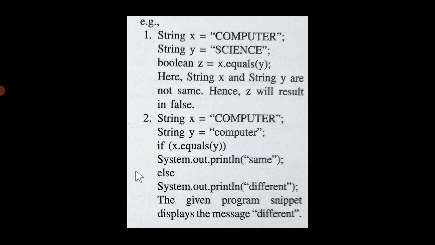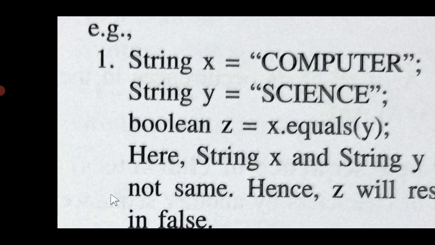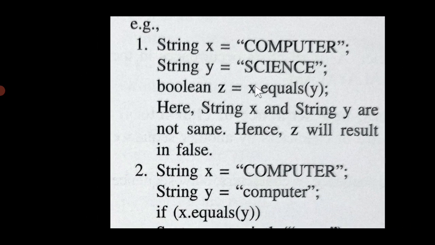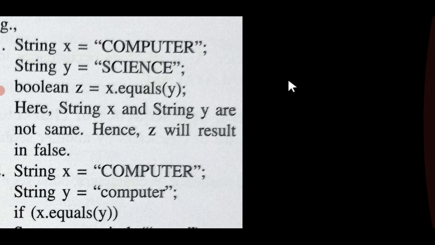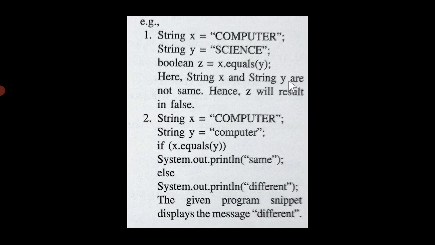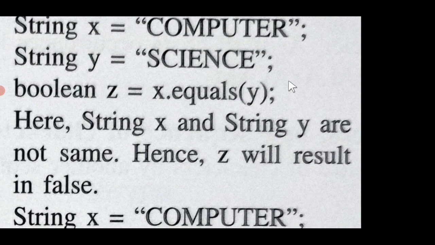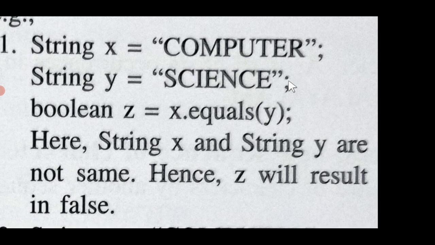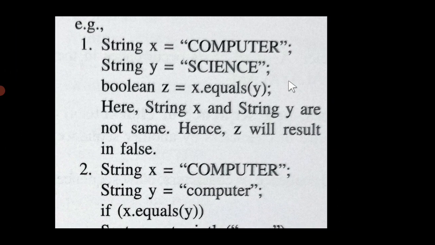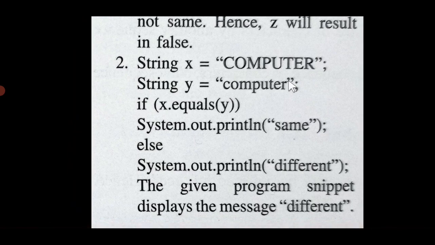Then Boolean z equals x dot equals y. So the equals function returns the value of Boolean type. Okay, that's a very important line.